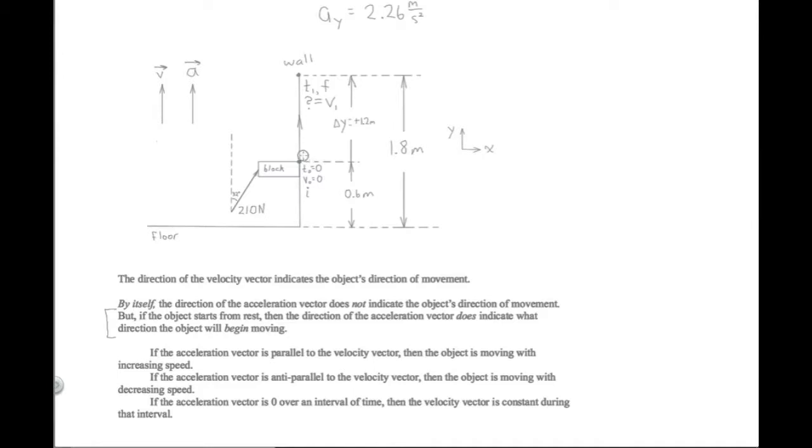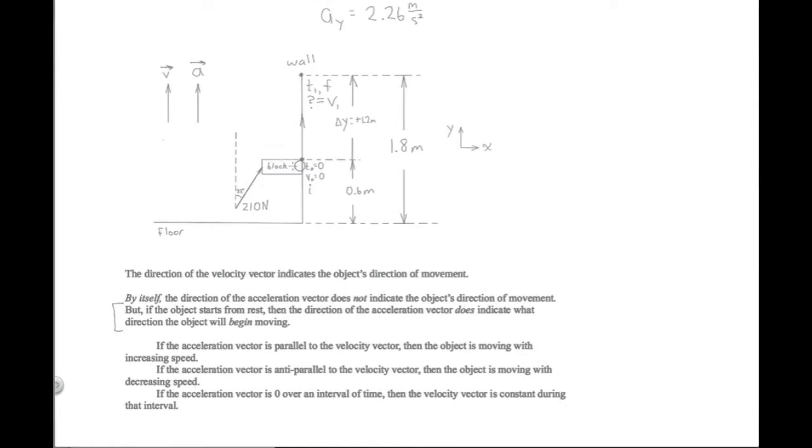We started at rest, so we need an upward acceleration in order for the object to begin moving upwards, to change the velocity from 0 into an upwards velocity. The acceleration causes changes in velocity, and we need the velocity to change from 0 to up. So we need an upward acceleration for that. So that does make sense.